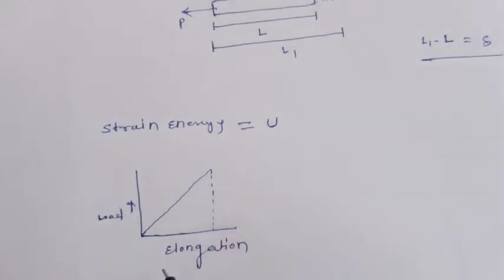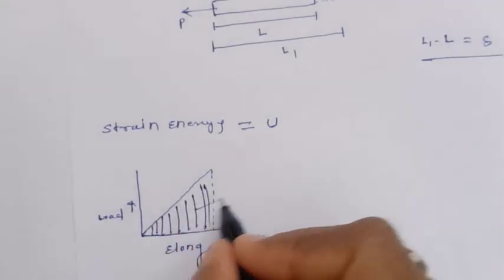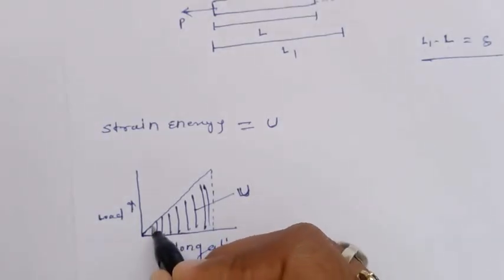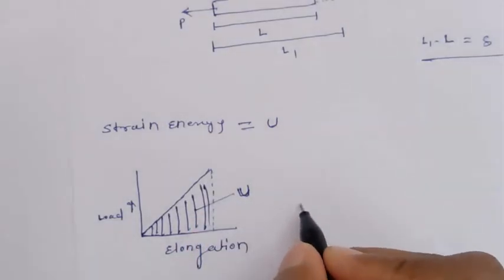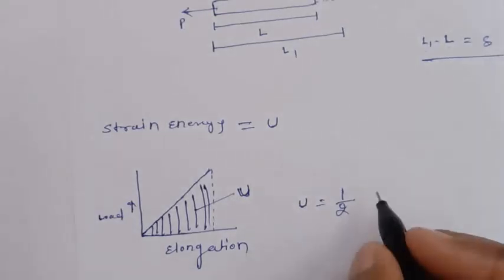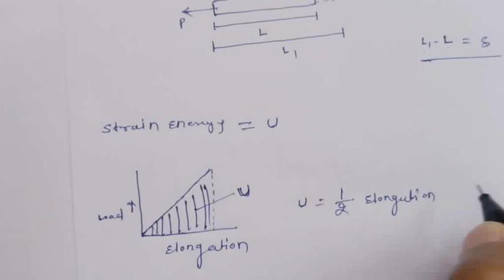and that term is called the strain energy. So this particular area is called the strain energy U, and it looks like a triangle.